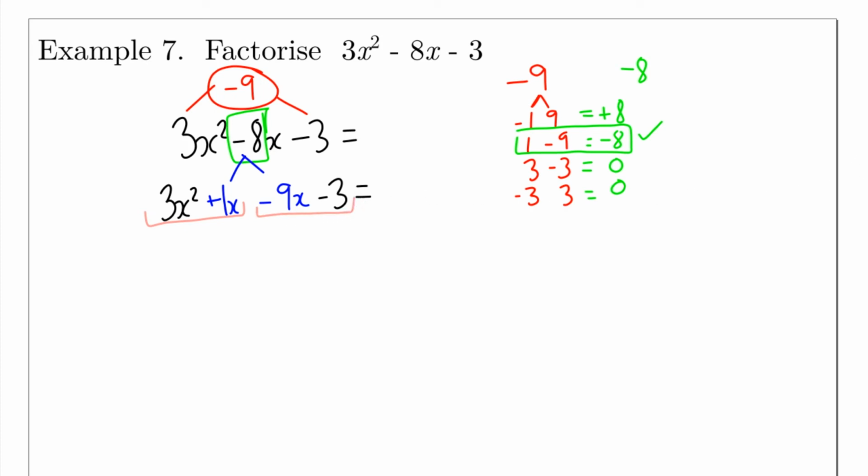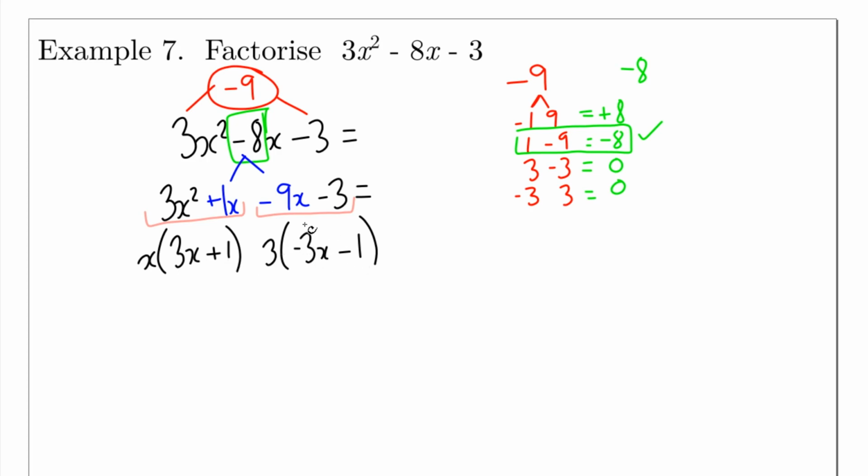So now I am going to consider this half of the expression and this half of the expression by itself. 3x squared plus 1x, a common factor is x, so I'm left with 3x plus 1. Here the common factor is 3, so if I take out 3 I end up with minus 3x minus 1. But remember I told you need to end up with the exact same expression in both brackets here.